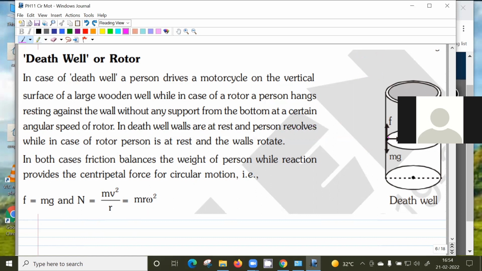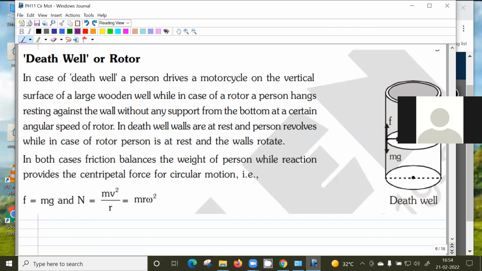So what is the condition for it to move like this? Is there a limit on this velocity? What will happen if the velocity is too low? Will it fall down? Why will it fall down? So what is the minimum velocity?